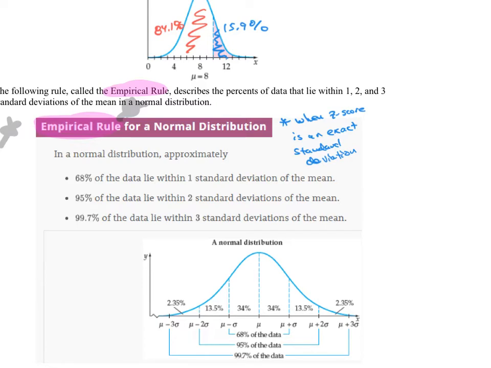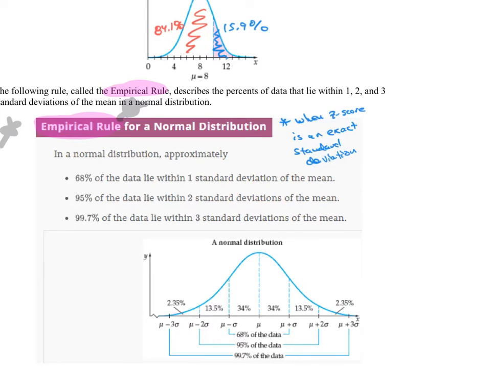So I told you the vast majority of data lie within 1 standard deviation of the mean. And then I said even more lie within 2 and even more lie within 3. Well, the empirical rule tells us exactly how many data is there as long as it's normally distributed. Again, we're assuming everything is normally distributed. So if I told you your z-score was 1, -1, 2, -2, 3, or -3, then we can use the empirical rule.